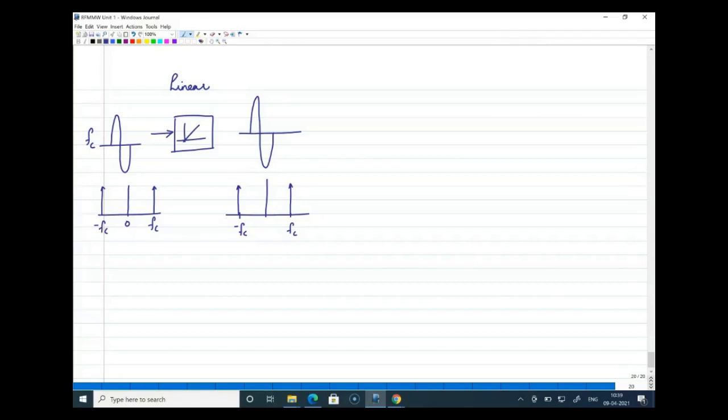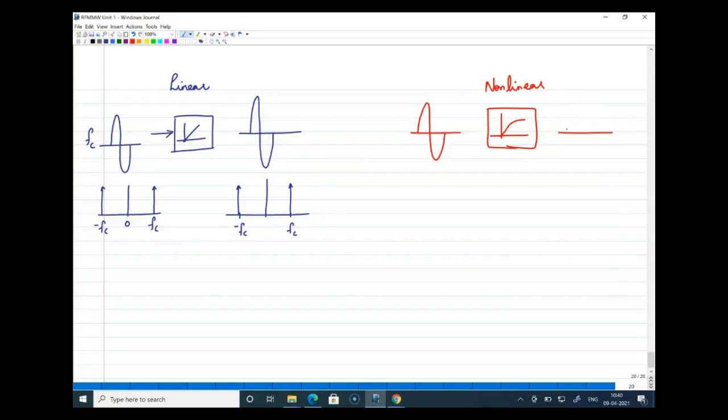Now if your system is non-linear, say I am marking that non-linear system like this. If you provide a signal at the input, since the system is non-linear, your output can get distorted.